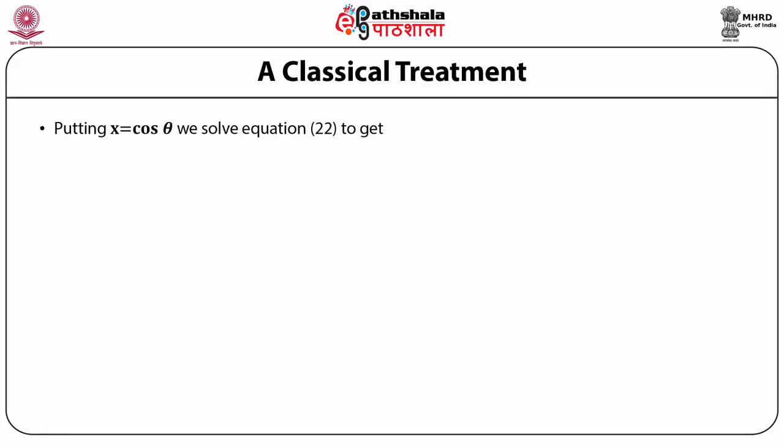Putting x = cos θ, we solve equation 22 to get Z₁ = ∫₀^2π ∫₋₁^+1 e^(βμH x) dx dφ = 4π sinh(βμH)/(βμH).